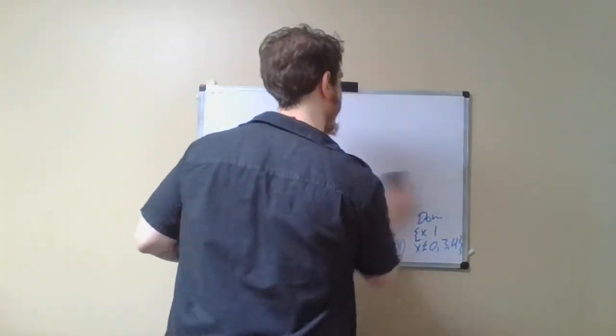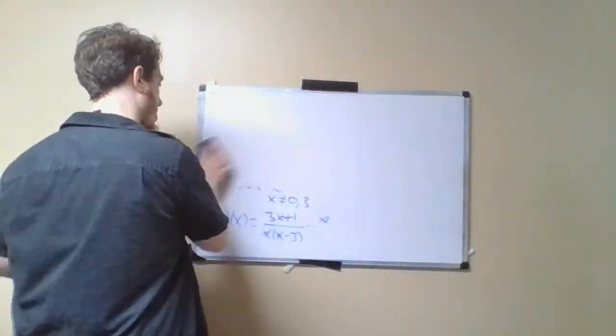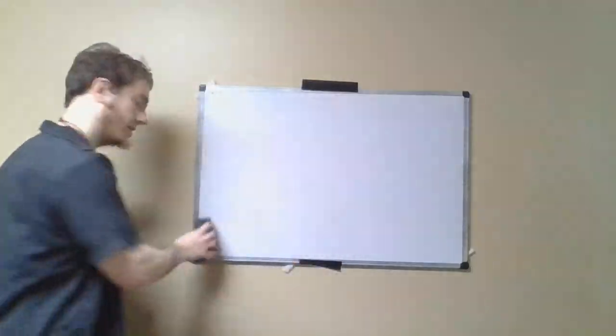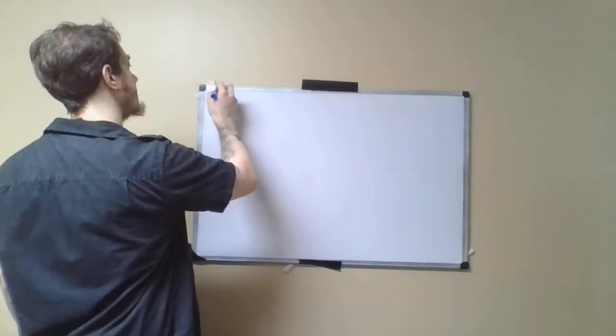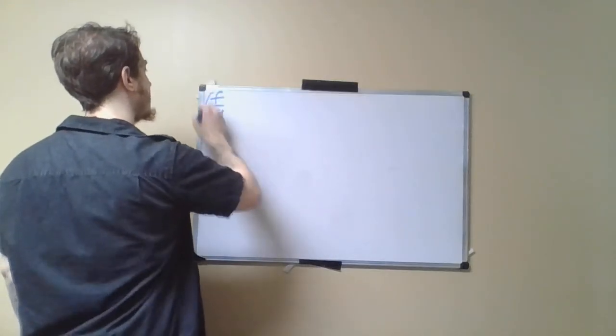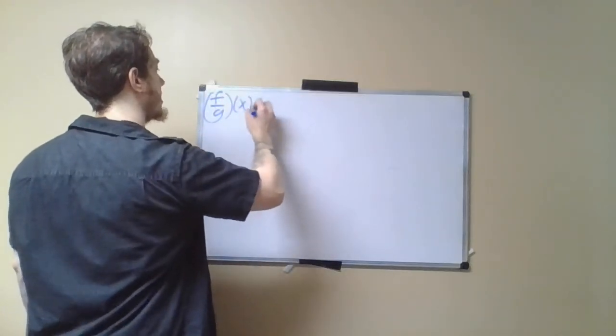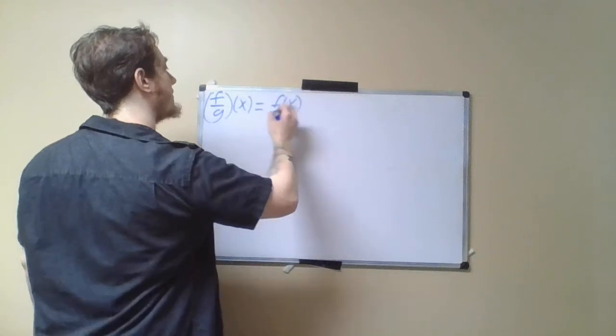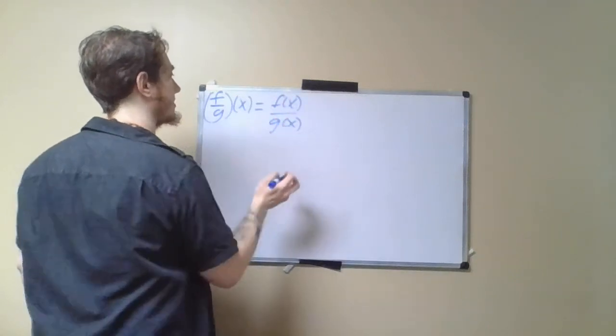Last thing we can do is division of functions. So how do we define the division? f divided by g evaluated at x is just going to be f of x divided by g of x.